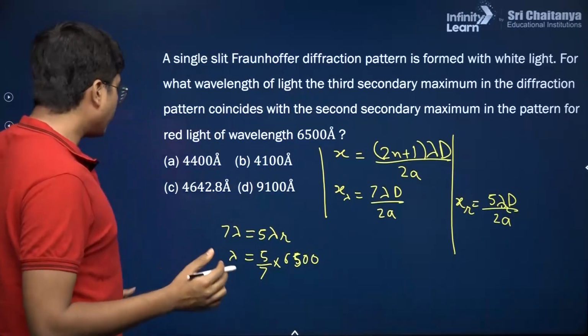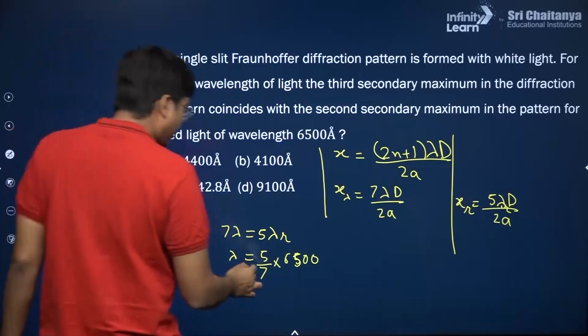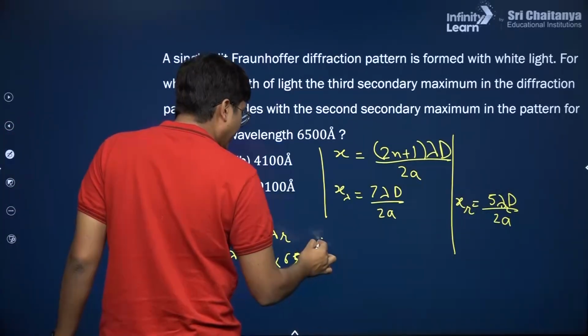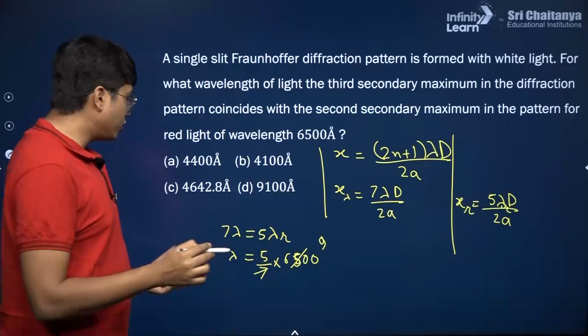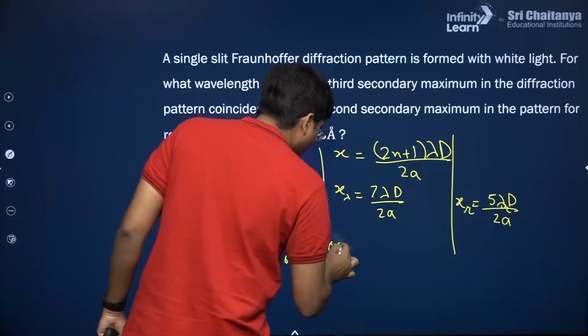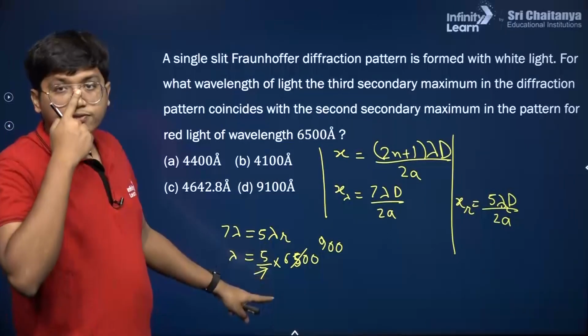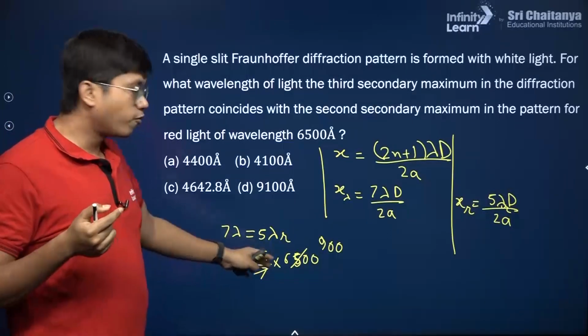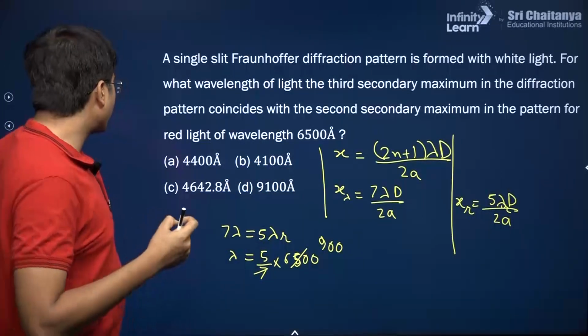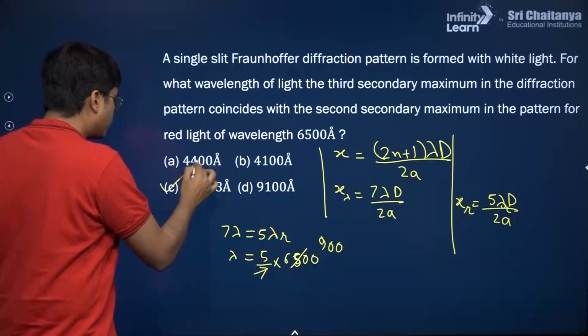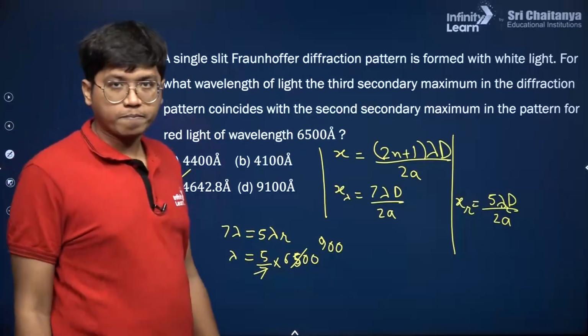Does it go close to 7? This is roughly going around 9, because 9 would have gone with 6300. It's a bit more than that. So 9 into 5 is 45, so it would go to 4500, but a bit more than 4500. So the only option is 4642.8.